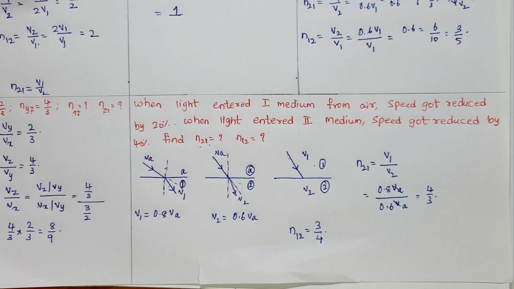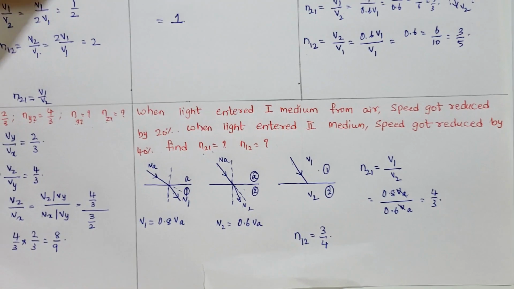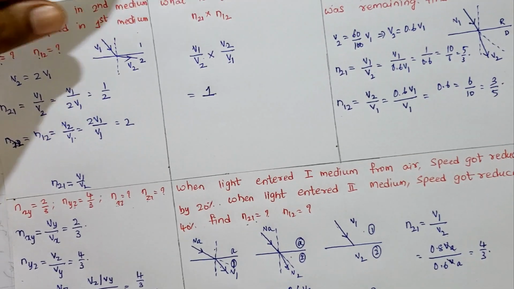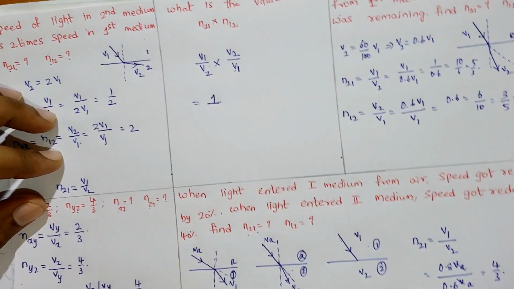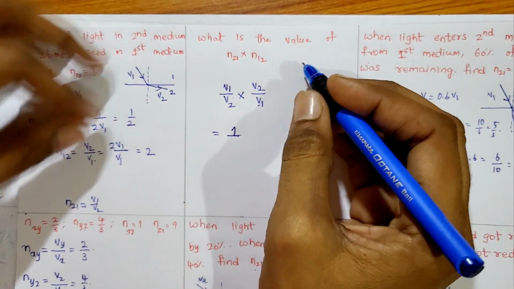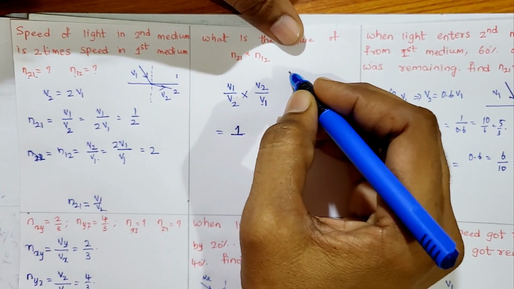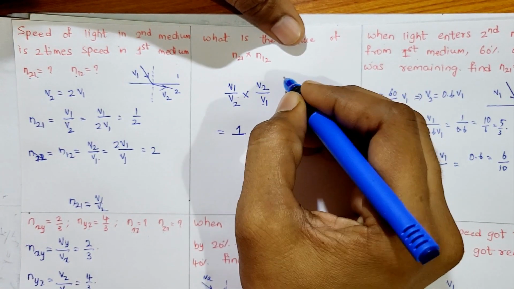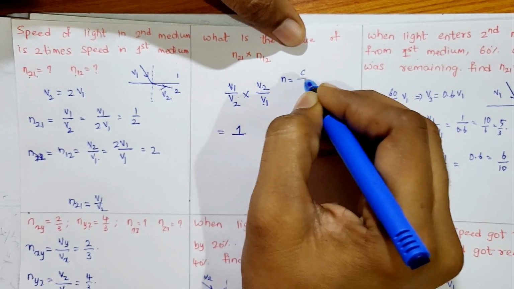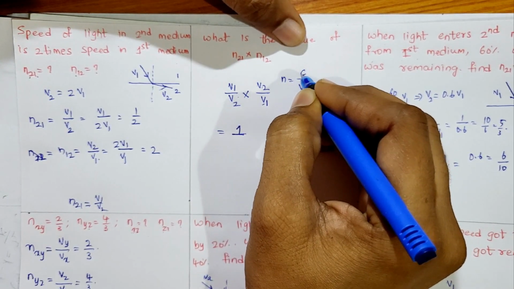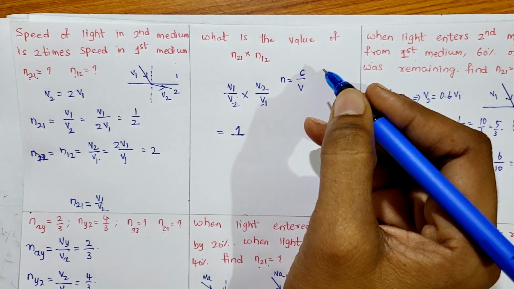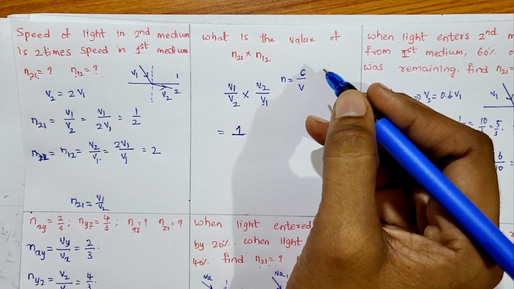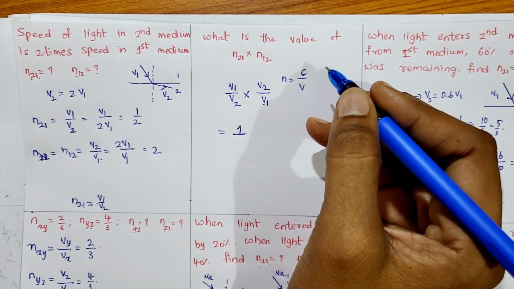Okay. Now let us prove that n is equal to C by V and n21 is equal to n1 by n2, both are same. So n is equal to C by V. Correct? Here, why did we take C here? Because the first medium is common for every refraction.